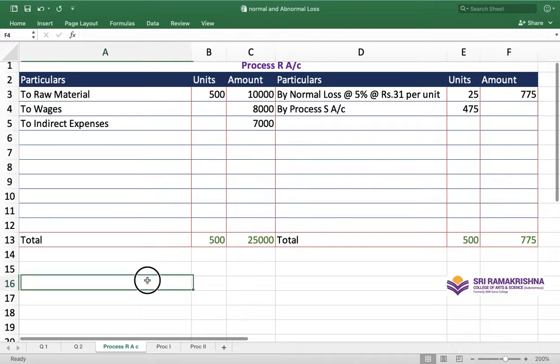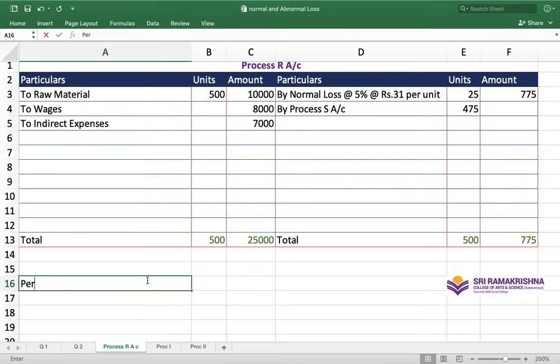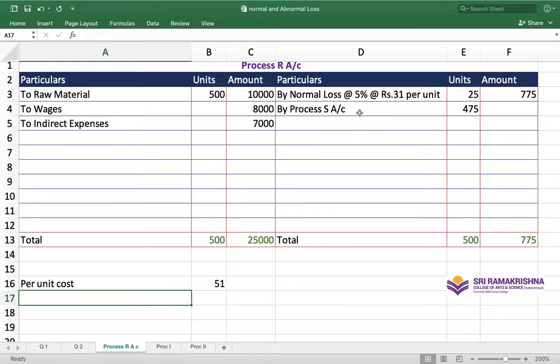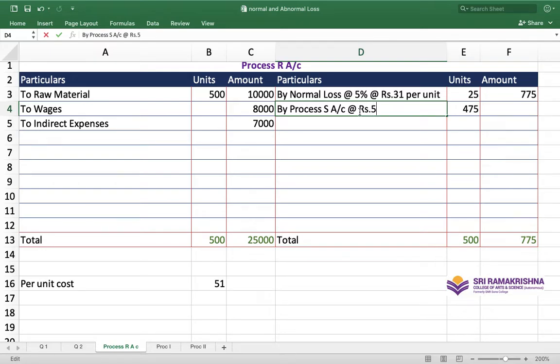So to find the per unit cost, 25,000 minus 775 divided by 475. So it will be transferred at the rate of rupees 51.